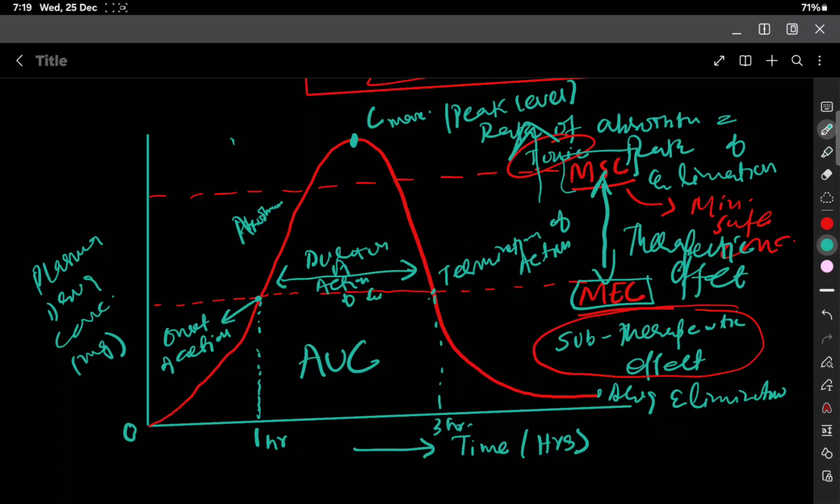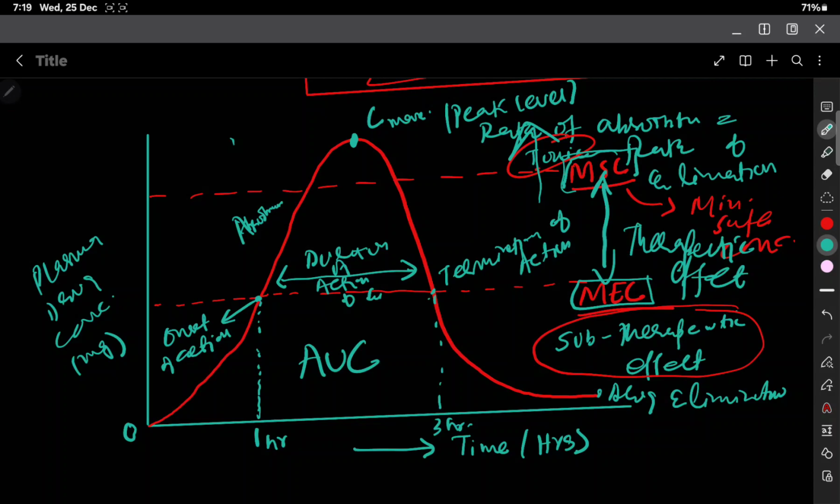So to sum up, for a drug to be effective, the graph must be above the minimum effective concentration, okay, and when the graph goes above the minimum safe concentration, then it shows toxic or adverse reactions, okay, and then subtherapeutic level or subtherapeutic effect.